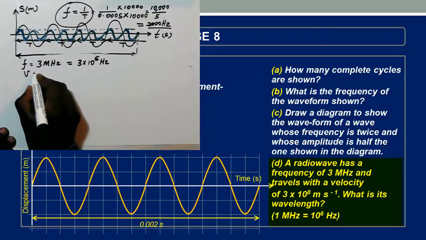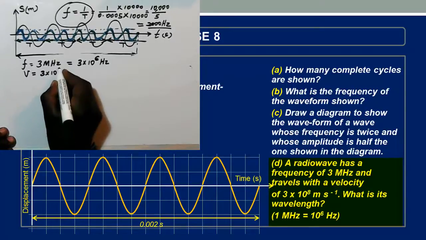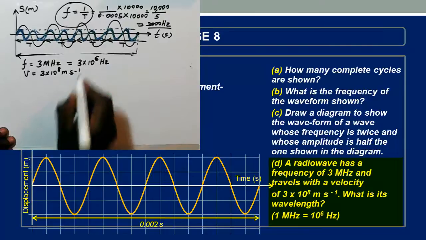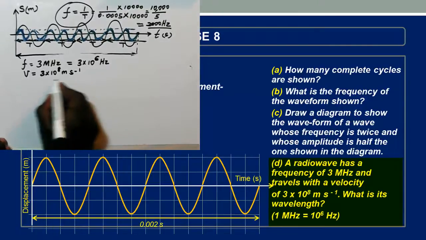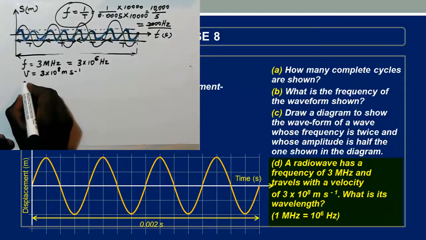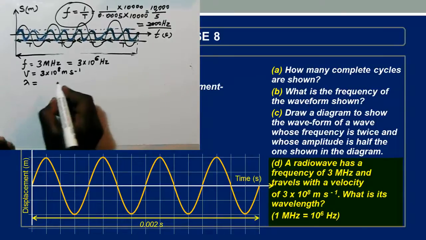The other piece of information we are given is the speed of the wave, which is 3 times 10 raised to power 8 meters per second. This is the speed of all electromagnetic waves. Now we are required to calculate the wavelength of these waves.